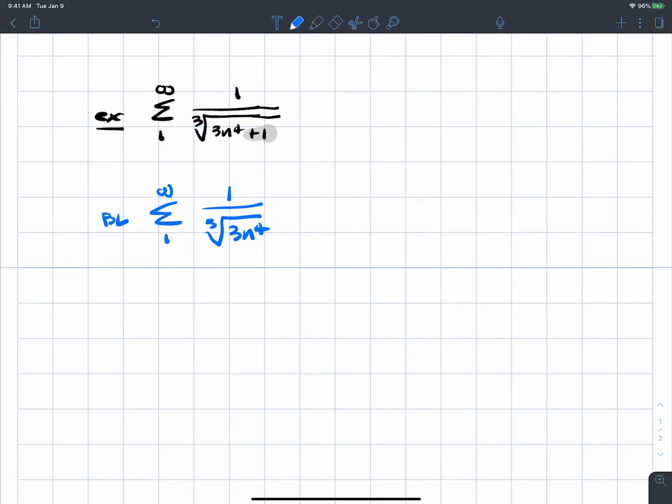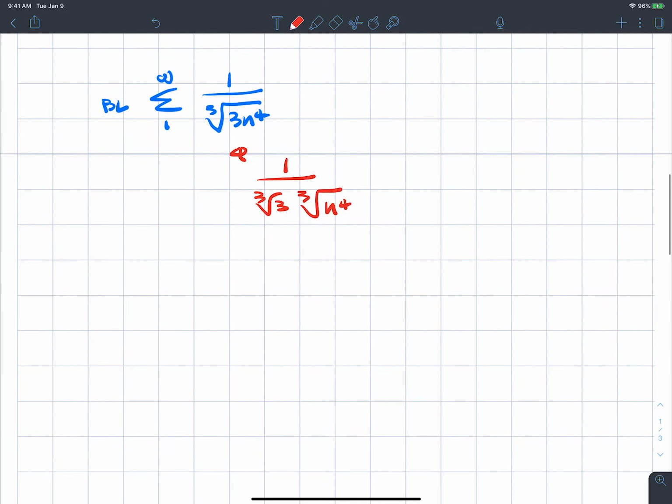And so we're going to do a little bit of algebra with this. And we say, okay, then I guess this is 1 over the cube root of 3, that constant, times the cube root of n to the fourth, and this becomes 1 over cube root of 3 times n to the 4/3. So here's this series. Sum from 1 to infinity of 1 over cube root of 3 times n to the 4/3.